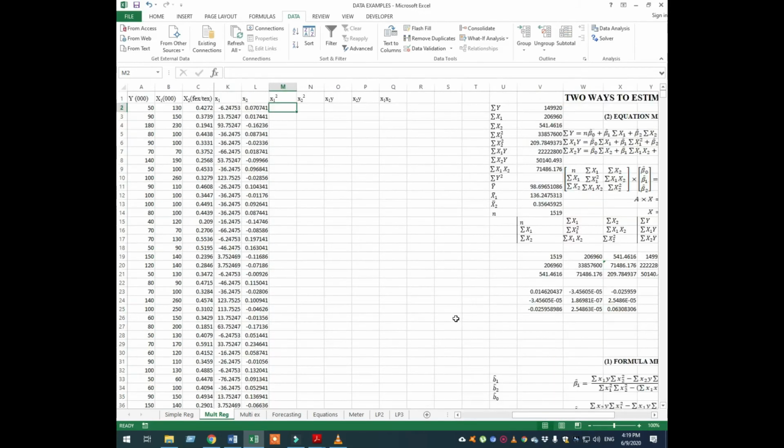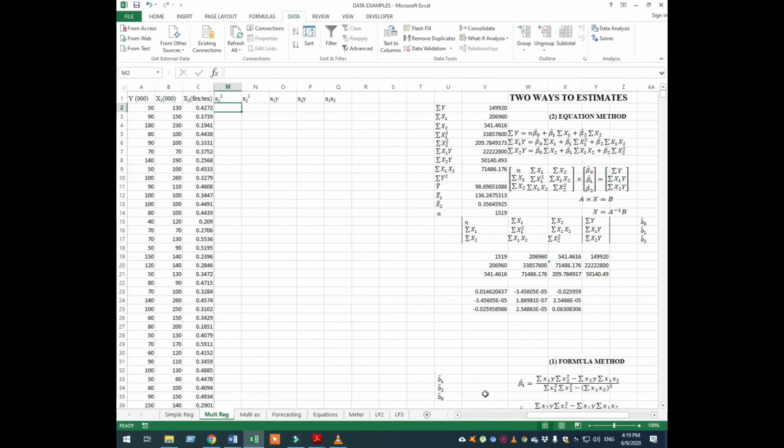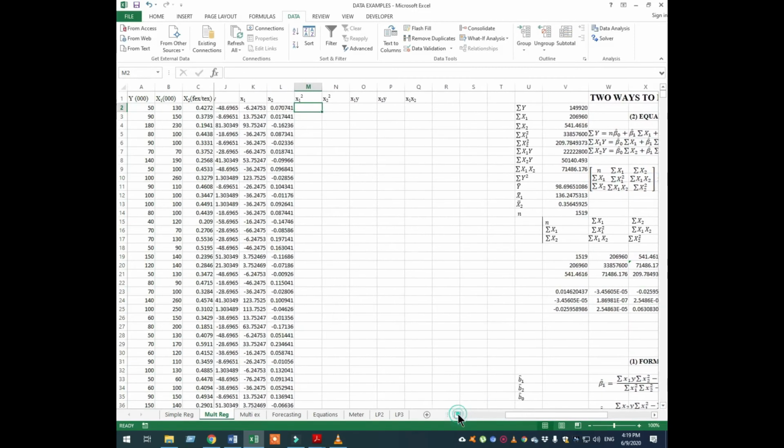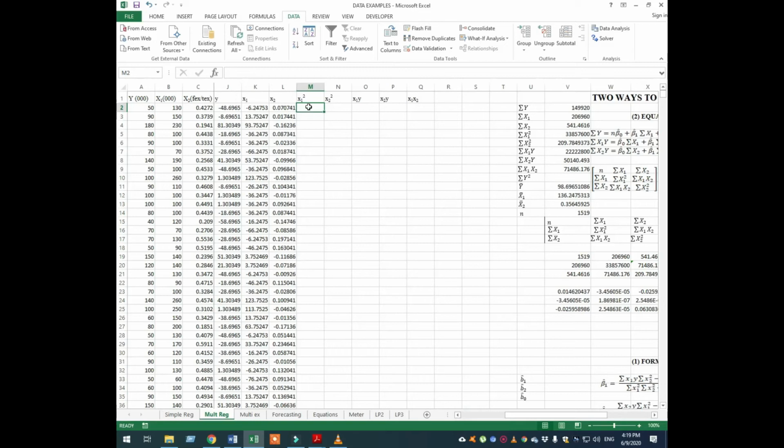So for that I would go for the sum of squares of small x1, so here I am taking the power of 2, and here it is the square of x2, that is x2 with the power of 2.